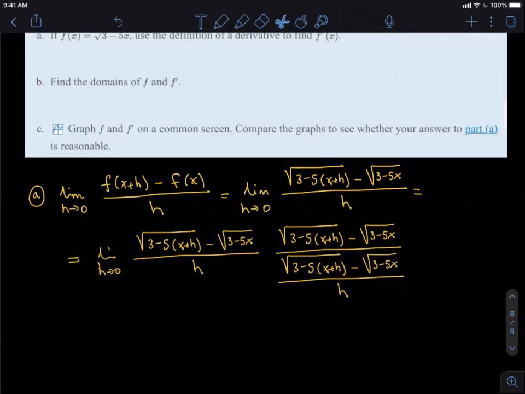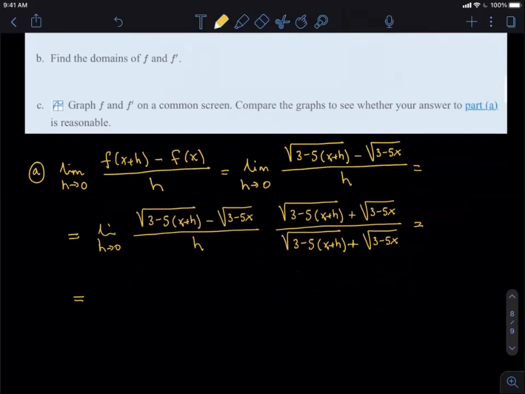There we go. And we didn't really do anything, but this changes things a lot, because now we can write again the whole thing, limit as h tends to 0.